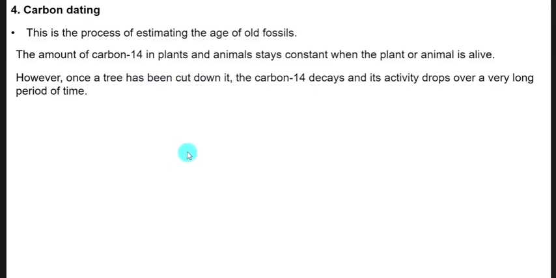Now, when the tree is cut, it stops absorbing extra carbon-14 from the environment. Since it has stopped absorbing, the carbon-14 it already has now starts decaying because it is radioactive. It doesn't stay the same.